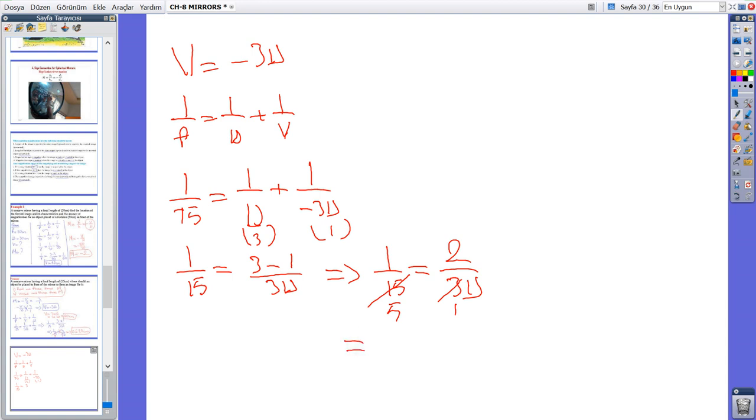We can find 2 times 5 equals u. u equals 10 centimeters.